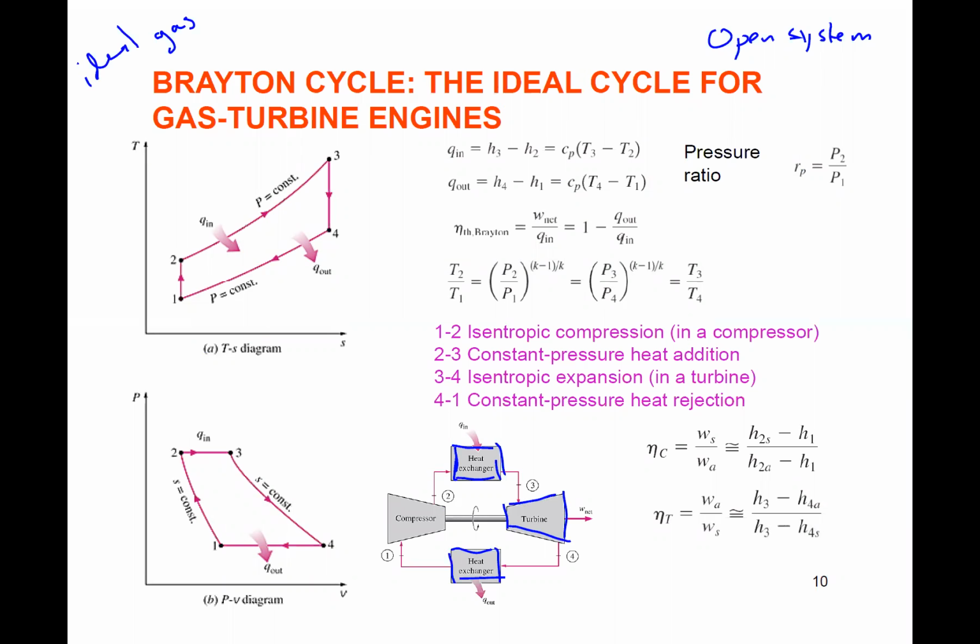We have isentropic compression in the compressor, constant pressure heat addition in the heat exchanger, isentropic expansion in the turbine, and then constant pressure heat rejection in the last heat exchanger. So we're getting work out here, putting work in here, and then our net work goes outside our cycle to a generator.